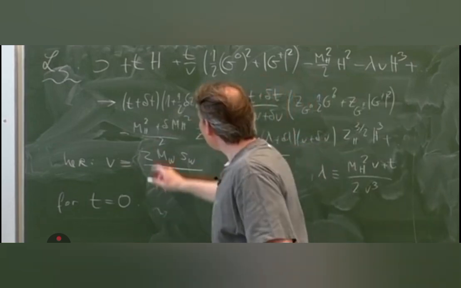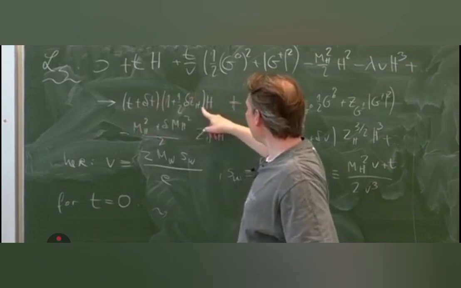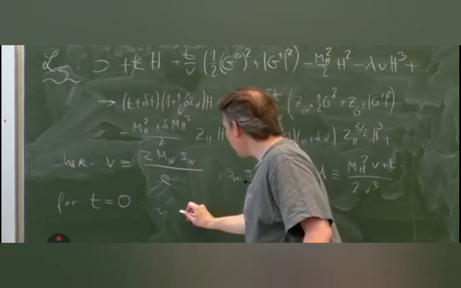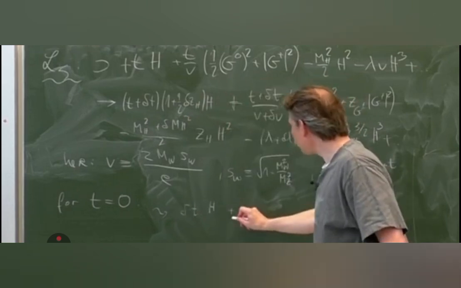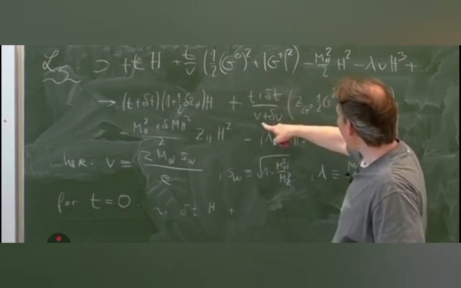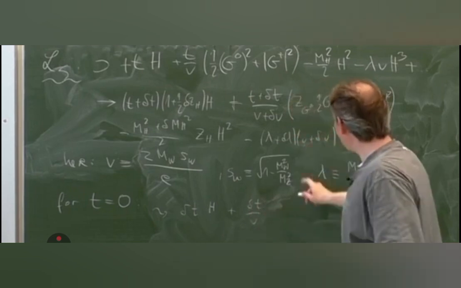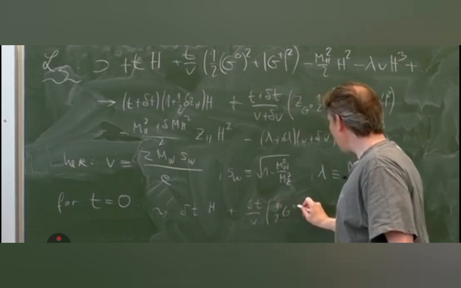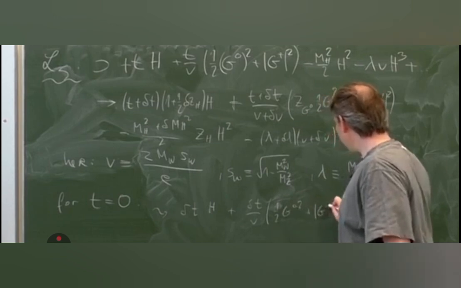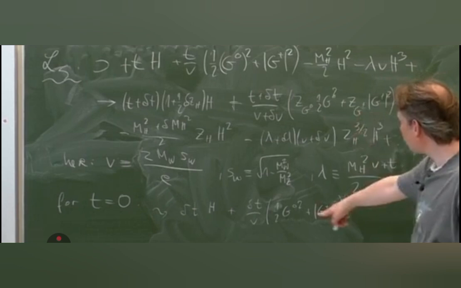Here delta t is first order, t is 0, and then everything else here doesn't matter. So we get here simply delta t times h. And here also delta t divided by the tree level V is all that we need. The Z factors also do not contribute at one loop level, so we simply get that. And that is then our mass counterterm for the Goldstone bosons.